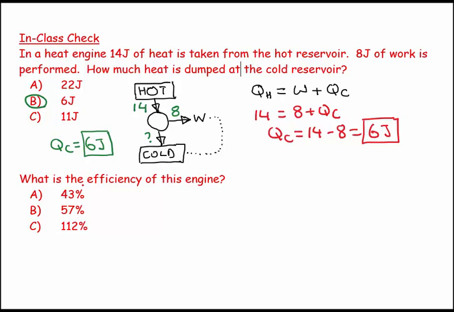And then the second part is, well, what's the efficiency? And again, my efficiency is equal to what you get out, which in this case is work, over what you put in, which in this case is Q hot. So in this case, looking at my diagram, I would say that my efficiency is what I get out, which is 8 divided by what I put in, which is 14.